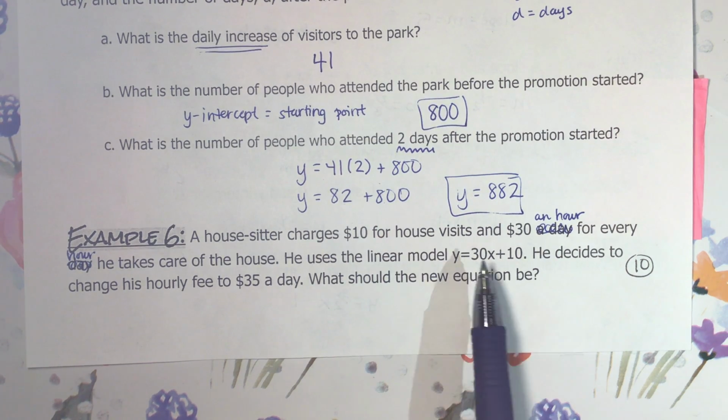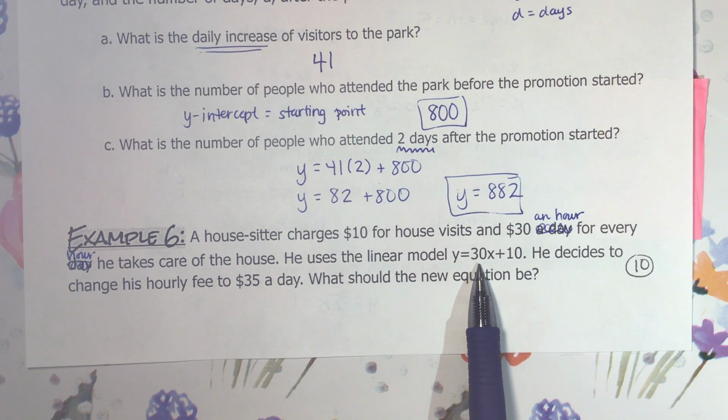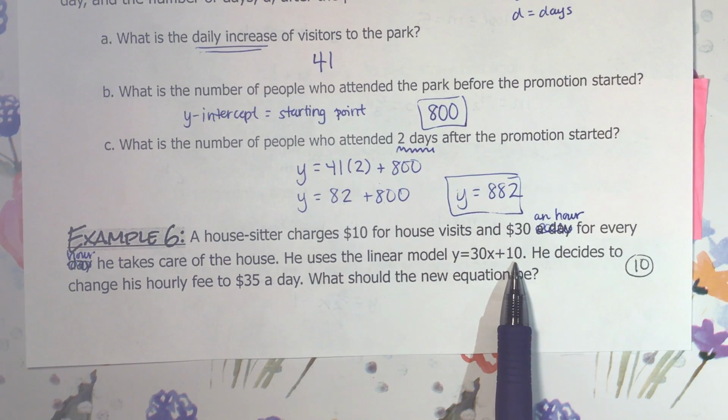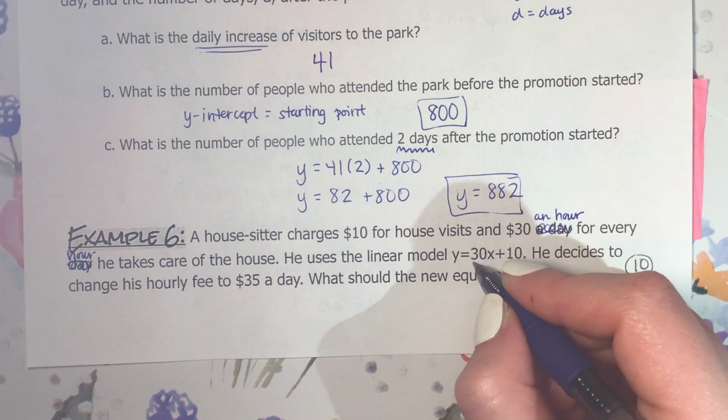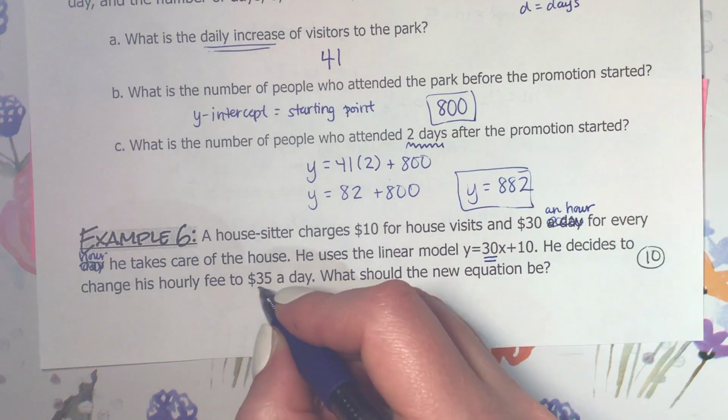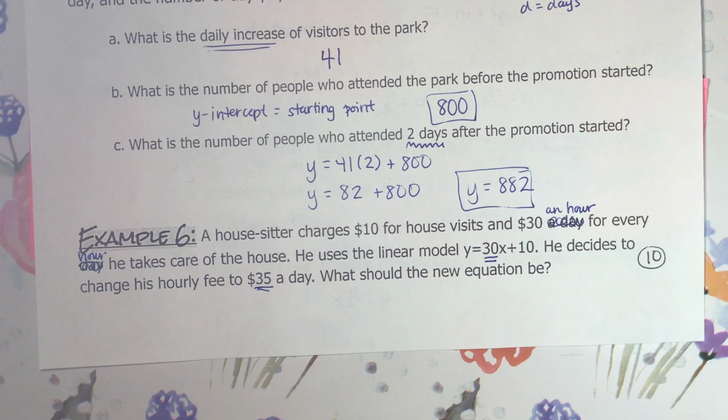Okay. So right here, I have y is equal to $30 per hour plus the $10 initial fee. Just to come to the house, he's going to charge $10. Instead of charging $30, he wants to charge $35 instead.